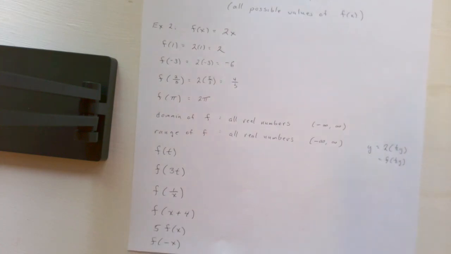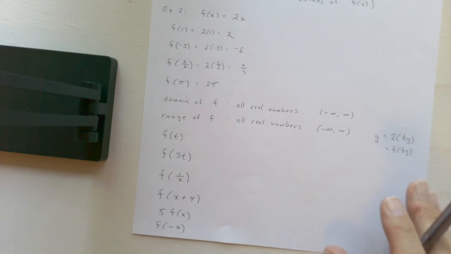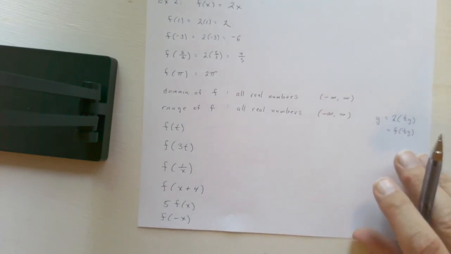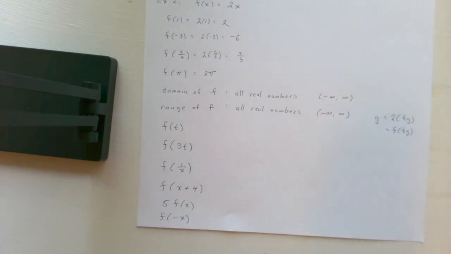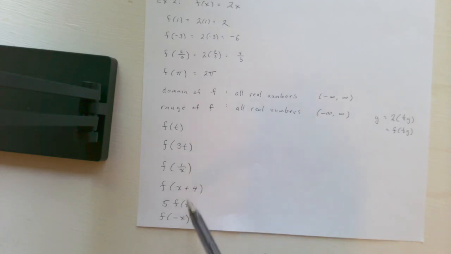Now, we can also use this notation to define algebraic expressions, symbolic expressions, okay? Even if the input doesn't have a numerical value. So these last few expressions, they're symbolic expressions, but they can be evaluated just using this notion of substitution.